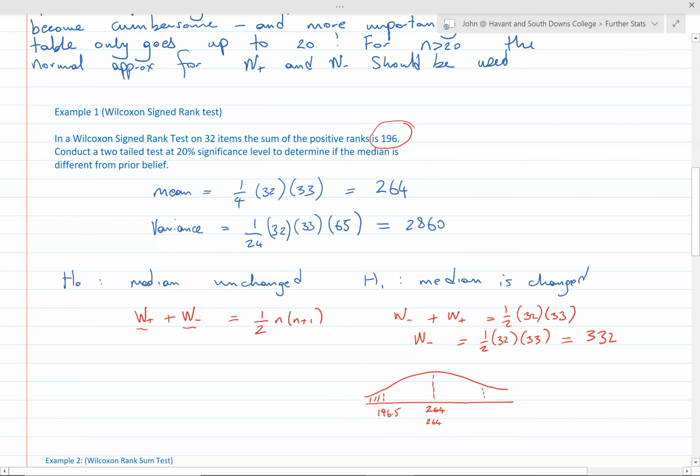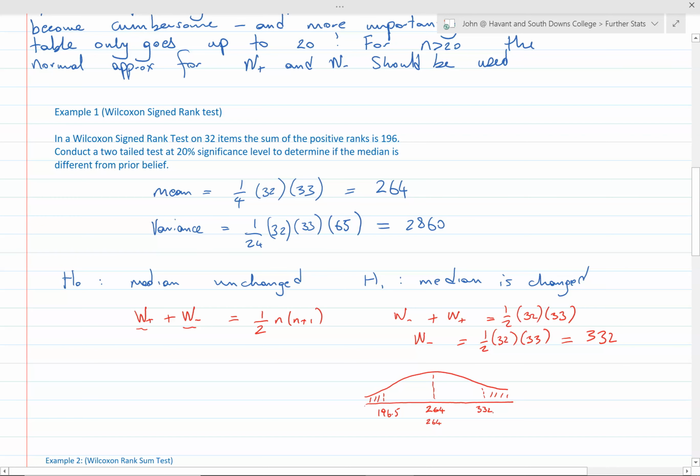Okay, and had they given us the W minus number for some reason, we wouldn't have needed to work out the other. We could have just worked out this number on the tail, here on that side.